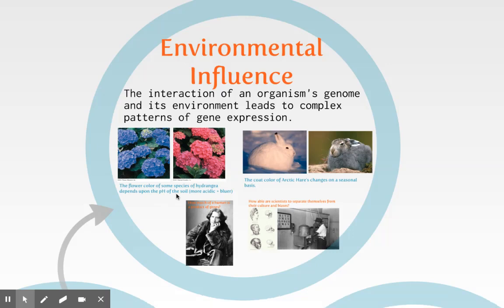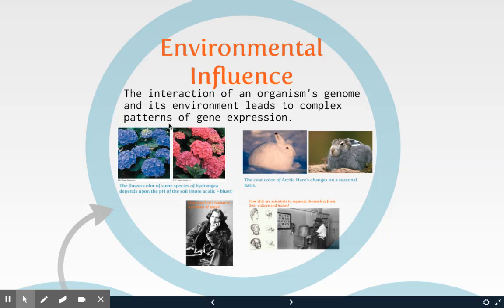I don't know if it's the hydrogens or the hydroxides, but some factor in the soil actually interacts with the genes, and it causes them to turn on and turn off. And so we're only expressing one of the alleles or both of the alleles, and it's causing the color of the hydrangeas to change.